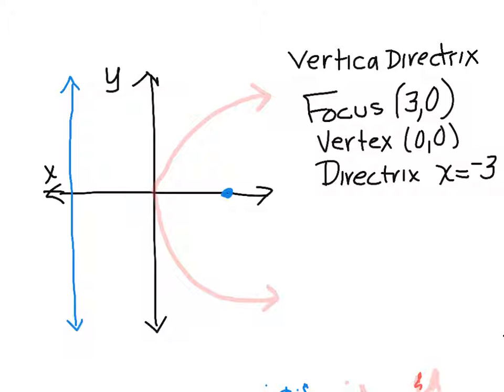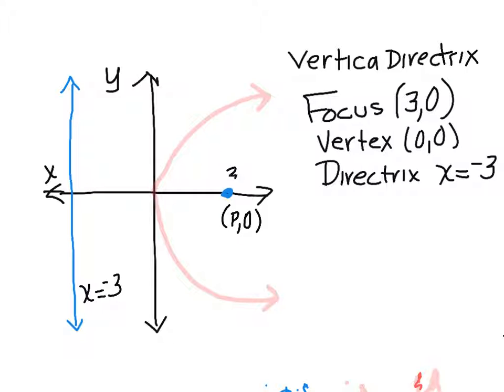So here we have a problem where the focus is at 3, 0. Notice this is not 0, p, it is now p, 0. And the vertex is at 0, 0 as the others had been. And this is at x equals -3.